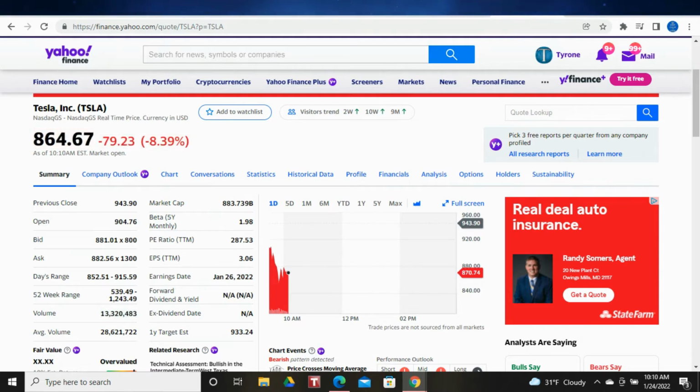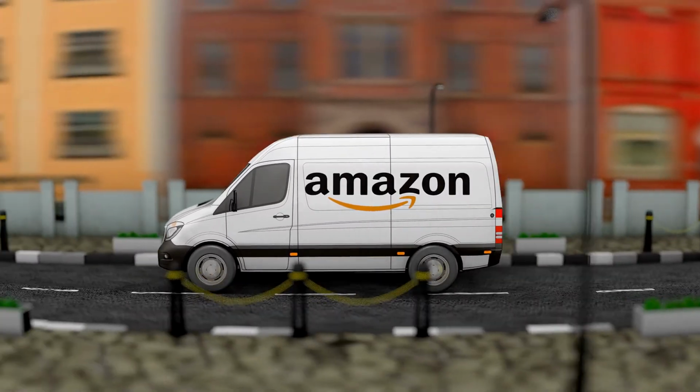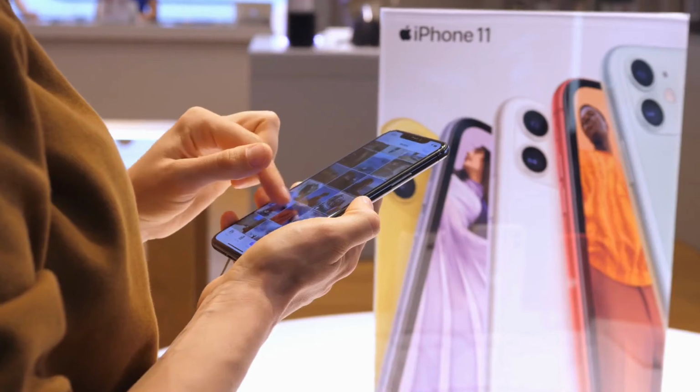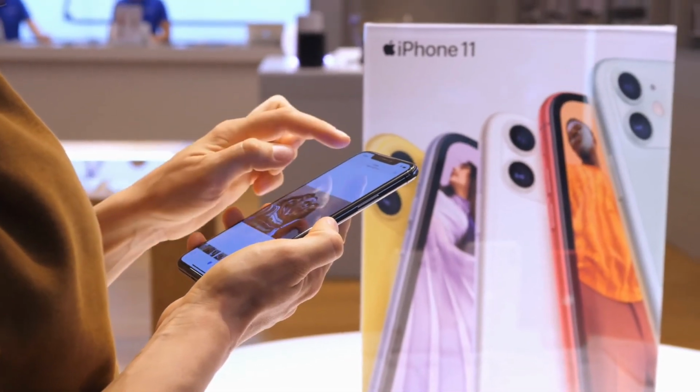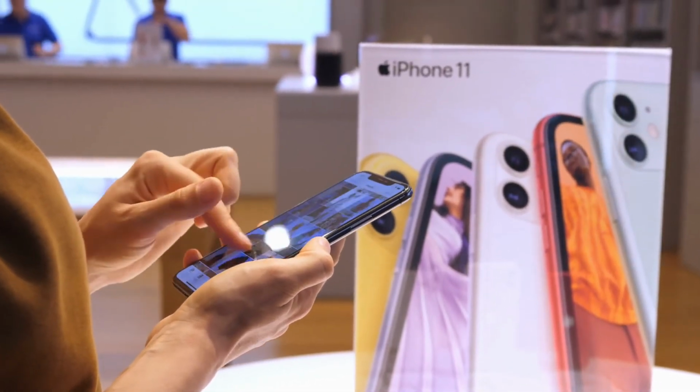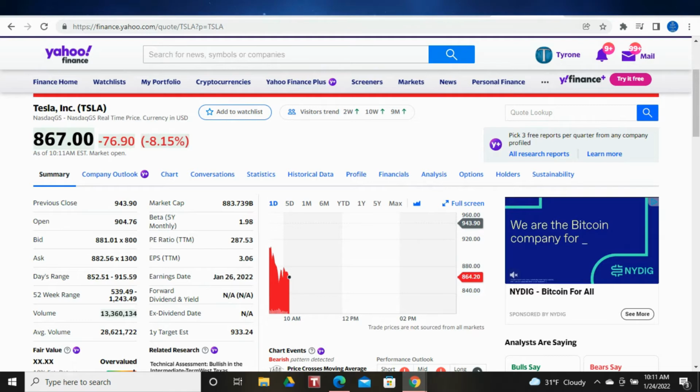Now, let's briefly talk about those mega cap companies for a minute. Amazon and Apple, they're mega cap companies. Their market cap is measured, believe it or not, in the trillions. Microsoft is also up there. These companies have just incredibly large market caps.